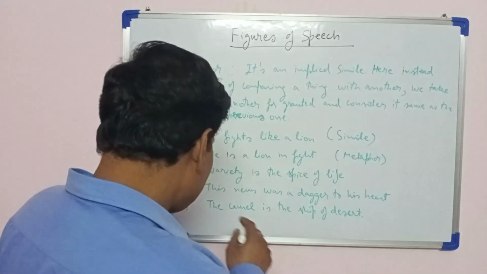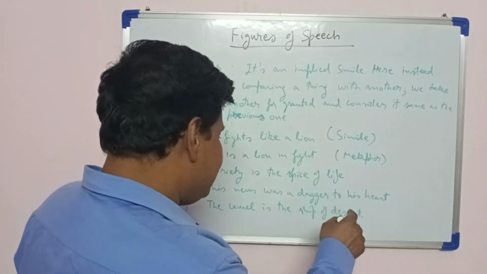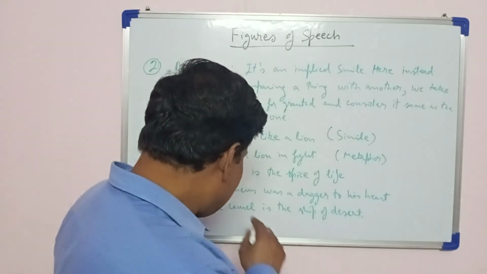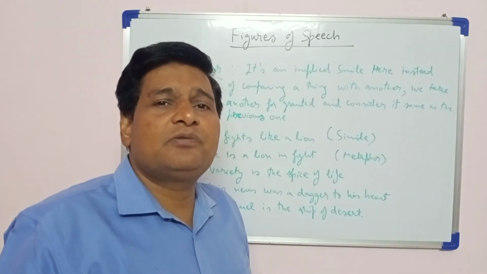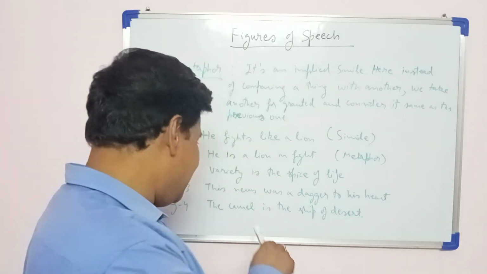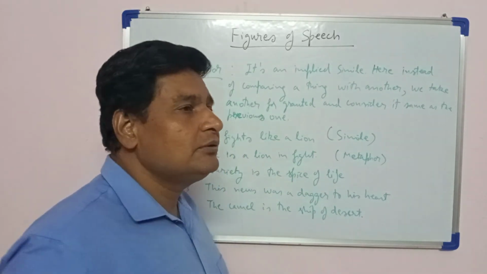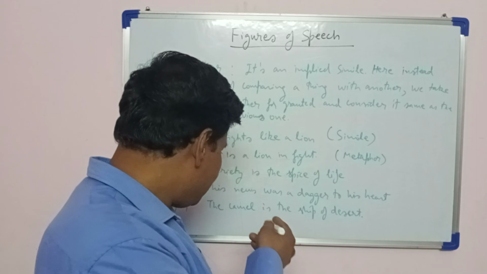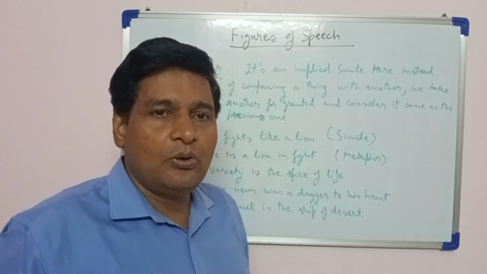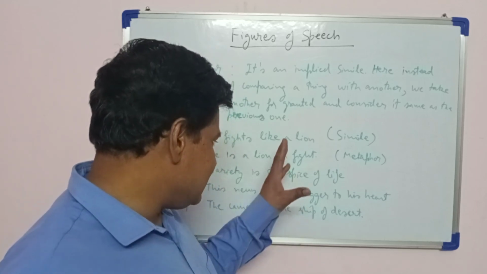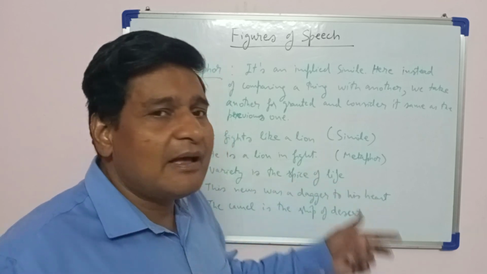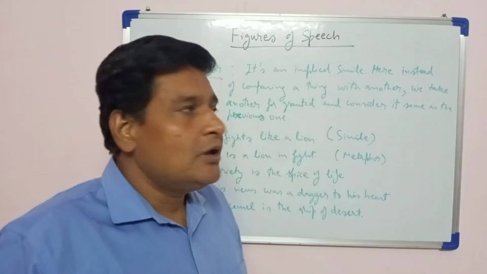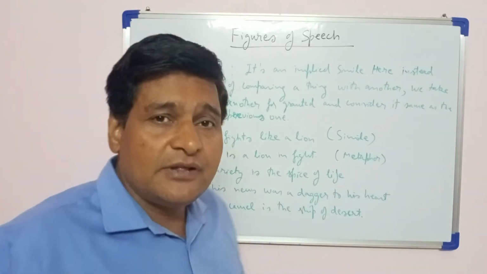You can say, the camel is the ship of the desert. So here camel has been termed as the ship. So as a ship is used for crossing the ocean, in the same way camel is used for crossing the desert. Okay, so here you can convert these examples of metaphor into the examples of simile like this. So I hope you have understood this.